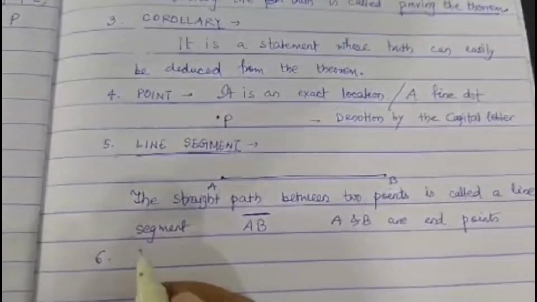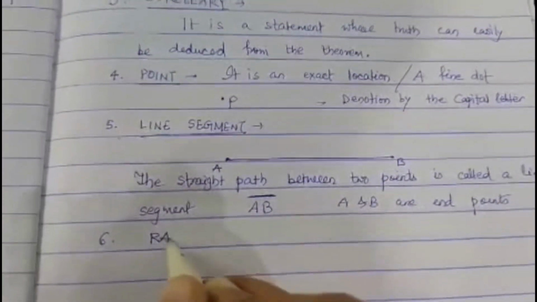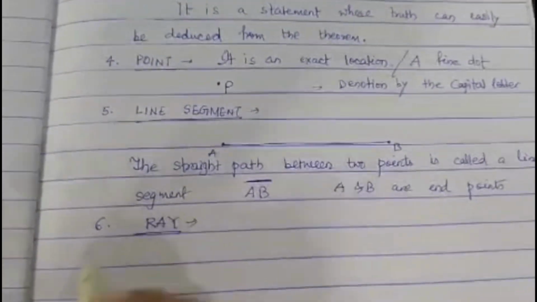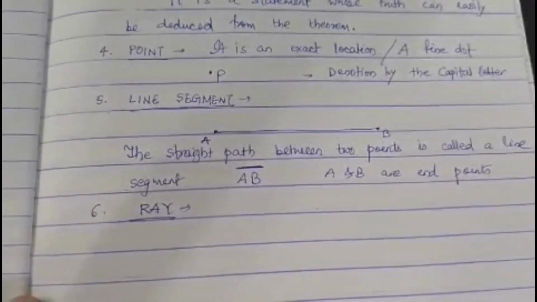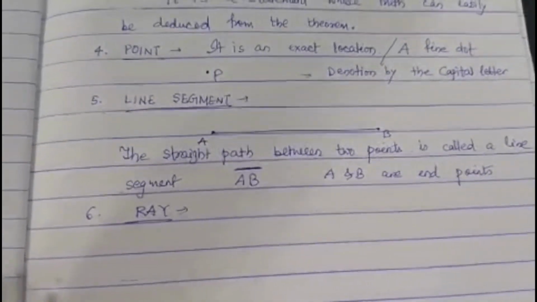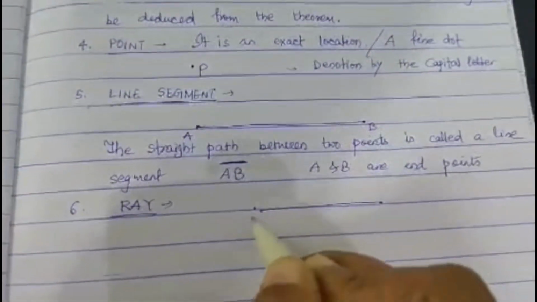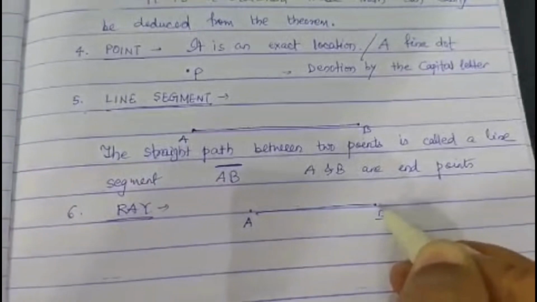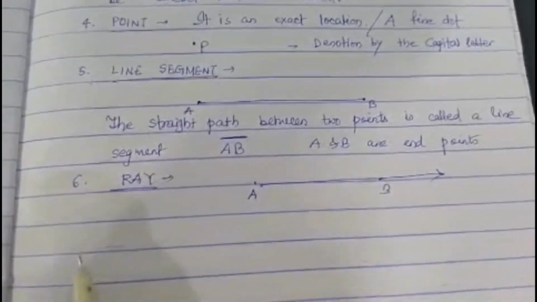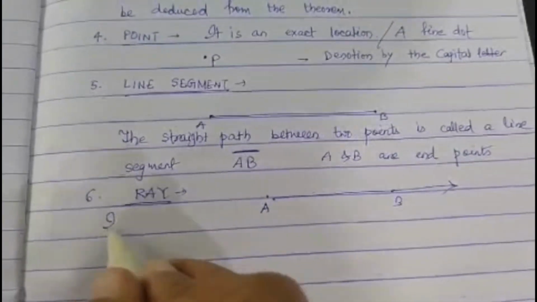Now come to the sixth one, that is a ray. What is a ray? A ray is a line segment when extended on one side. Suppose this is a line segment AB, and we extend it this side. So this will become a ray.